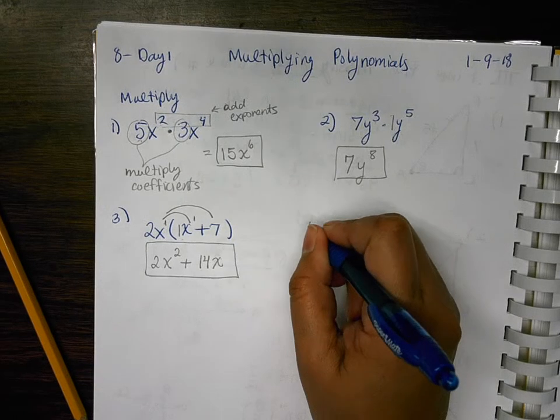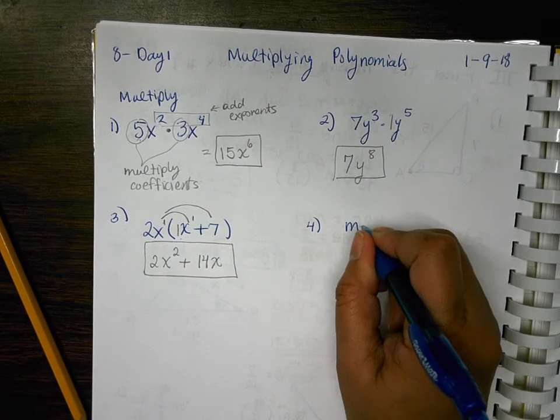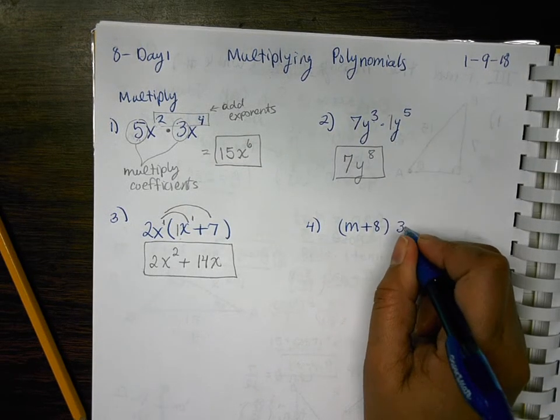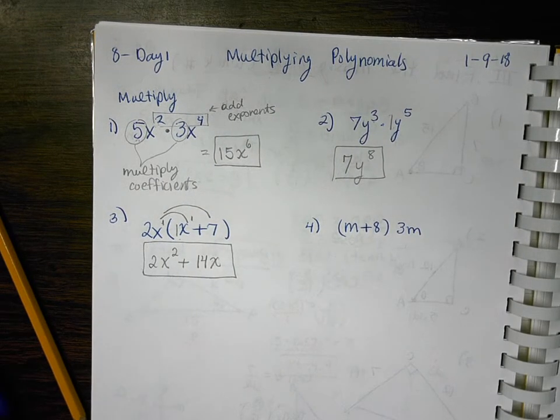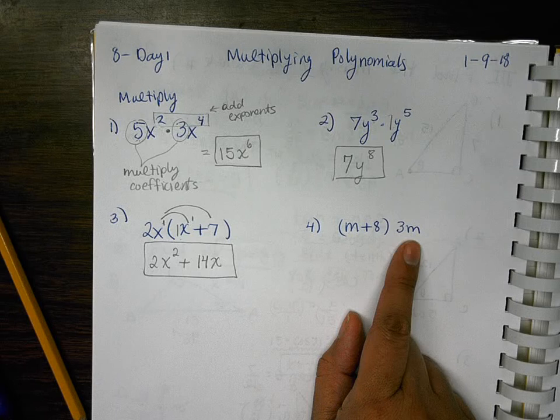Number 4, m plus 8 parentheses 3m. Does it matter if that 3m is in the beginning or the end?